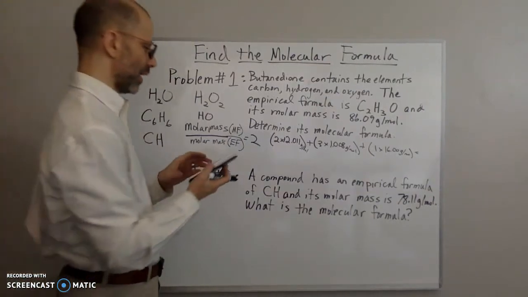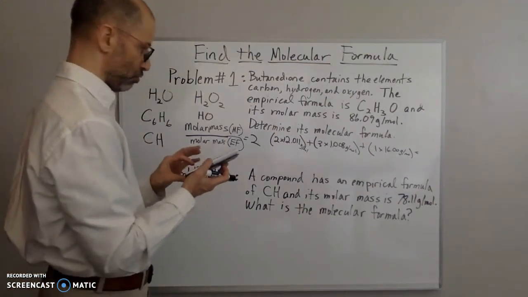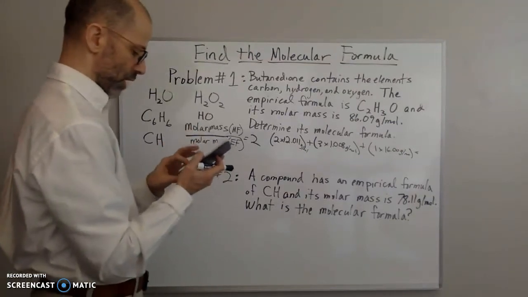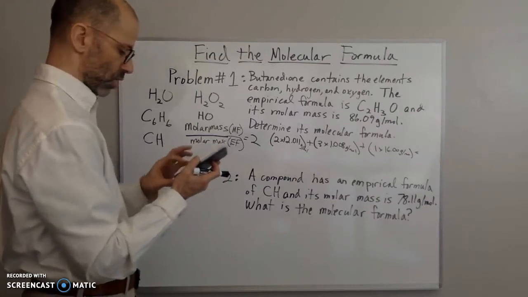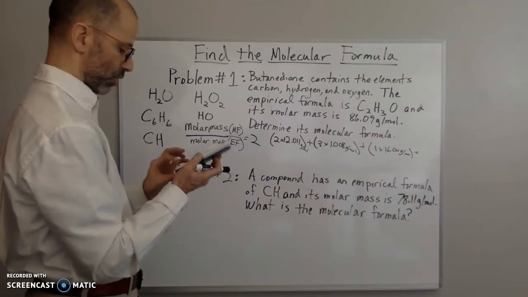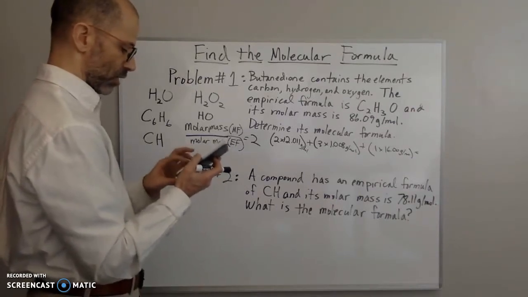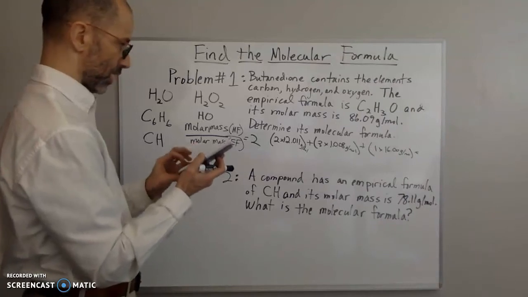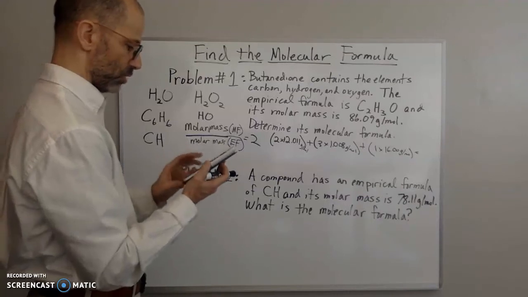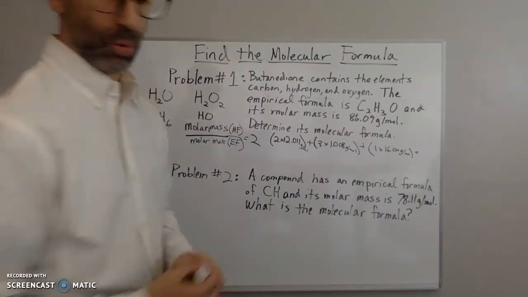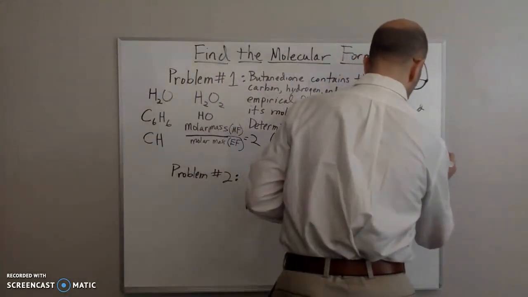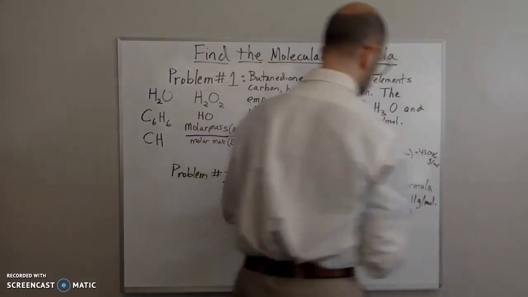So if we calculate that out, it's going to be 2 times 12.011 plus 3 times 1.008 plus 1 times 16.00 equals, and I get 43.046 grams per mole.